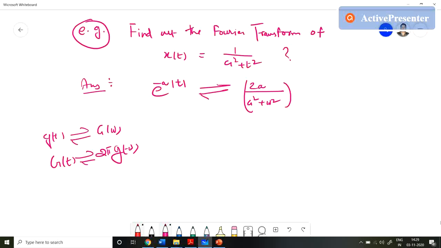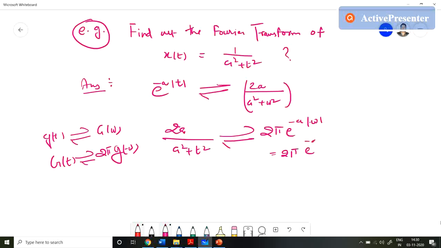Now we can apply this property. So 2a divided by a square plus t square, if we replace omega with t, has the Fourier transform 2 pi e raised to the power minus a modulus of minus omega, and that is equal to 2 pi e raised to the power minus a modulus of omega. So this is the answer. Now we just divide the left hand side and right hand side by 2a.